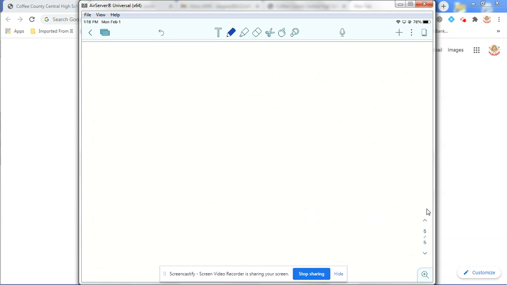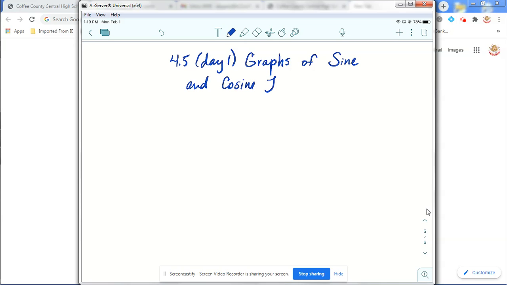And this is going to be lesson 4.5, day 1. And this is going to be the graphs of sine and cosine functions. Okay.